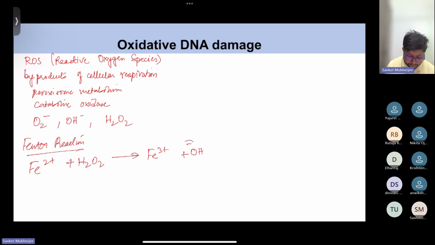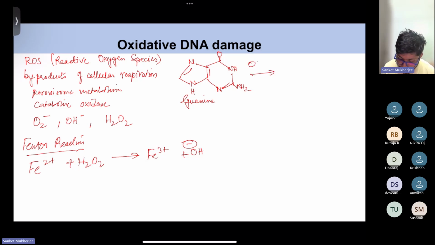One of the examples of this would be guanine. This is the structure of guanine. This is how guanine looks. In the presence of a hydroxyl radical, it forms 8-oxoguanine.